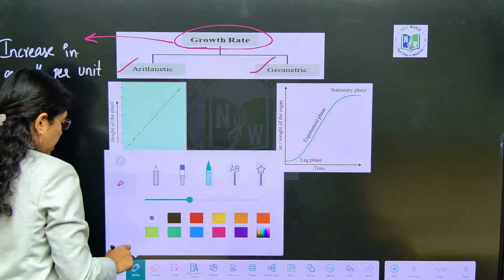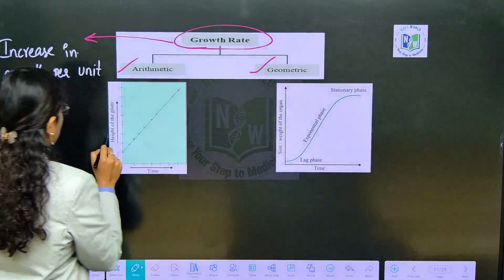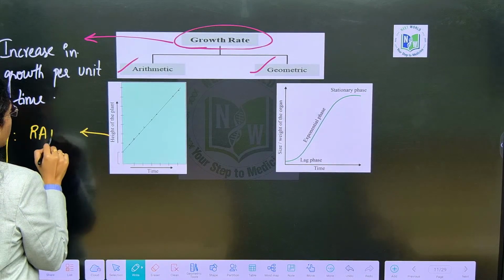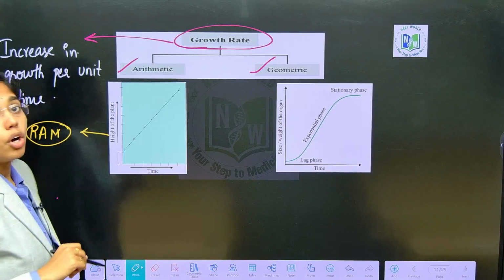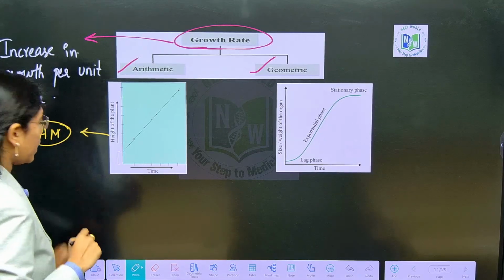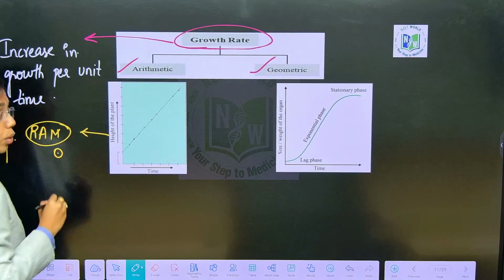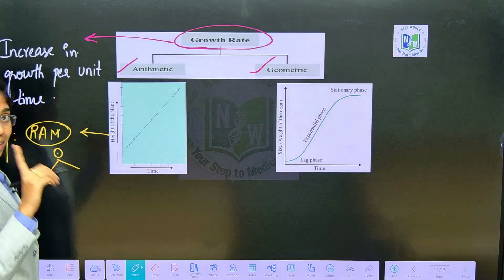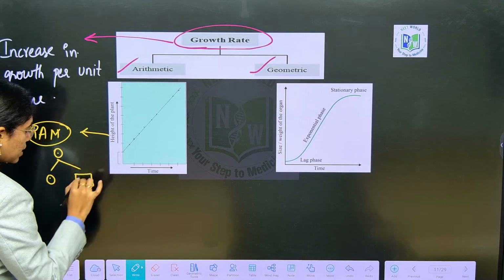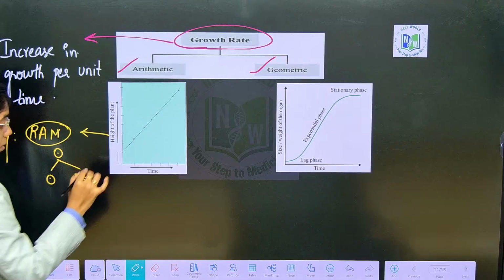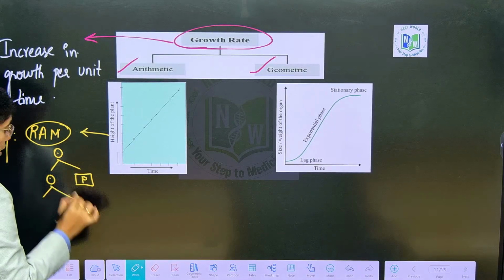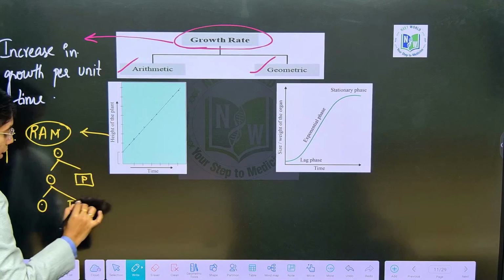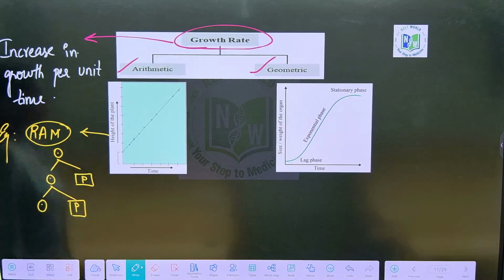The best example you can take is root apical meristem, or growth in the root region of the plant, wherein a single cell undergoing mitotic division forms two daughter cells, of which one cell will be meristematic and the other cell becomes permanent. Again, when the meristematic cell undergoes mitotic division, one cell will be meristematic and the other cell will become permanent. Fine.